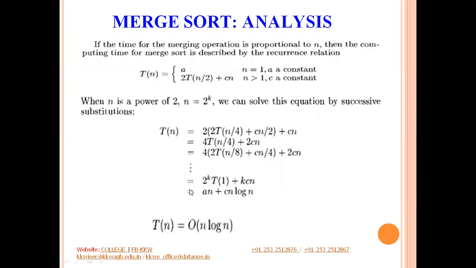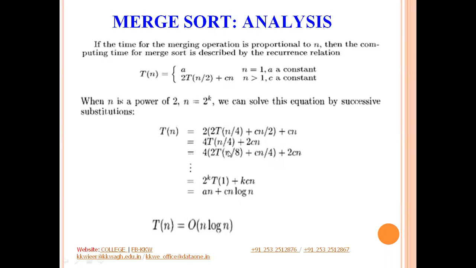Again, if you resubstitute and solve, it will be 8T of n by 8 plus 3cn. Again, if you resubstitute, it will be 16T of n by 16 plus 4cn and so on. If you go on substituting, you will see that there is a pattern. Instead of this, we can write 2 raised to k.